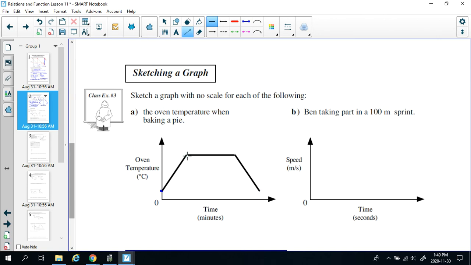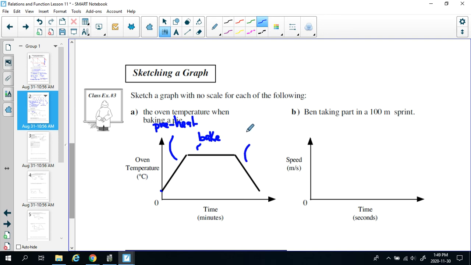Again, I don't know if it's perfectly linear in terms of how the temperature goes up, but I could at least attempt to describe it here. So I could say, for example, this is preheating. So preheat, this is when it's baking. And then oven turned off.